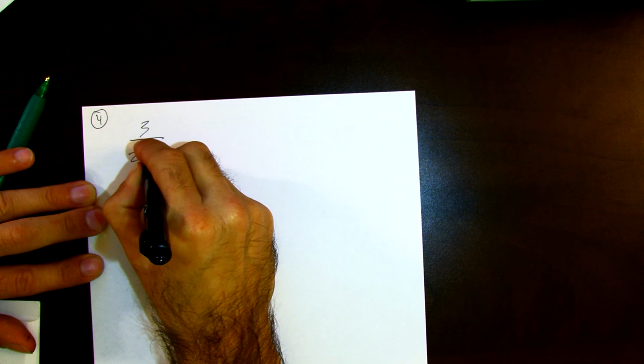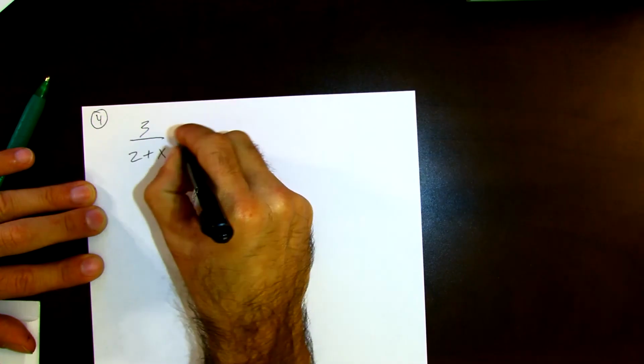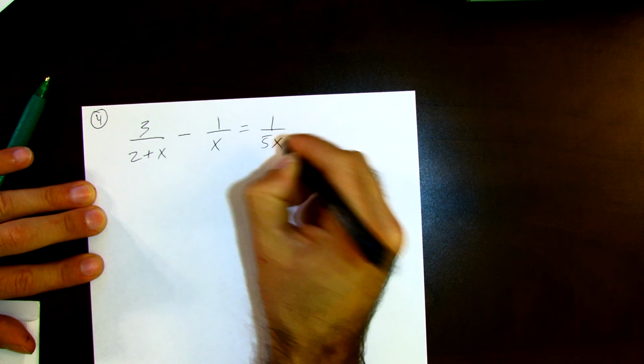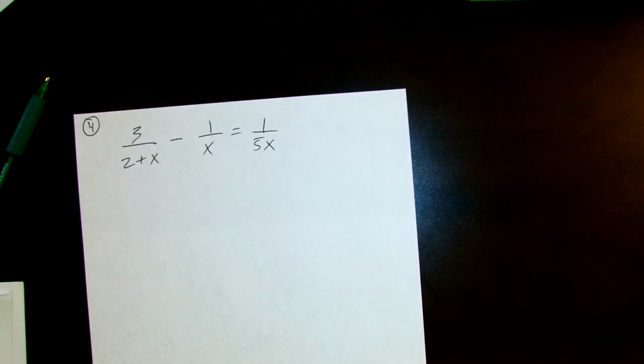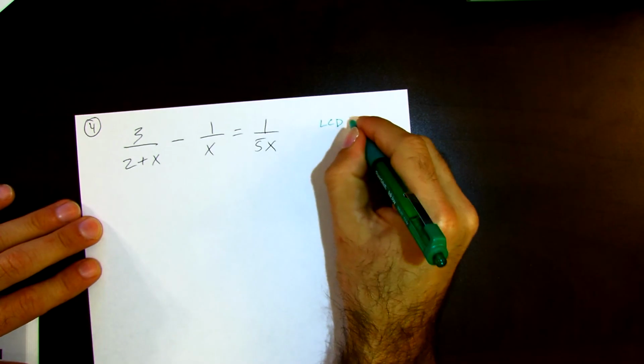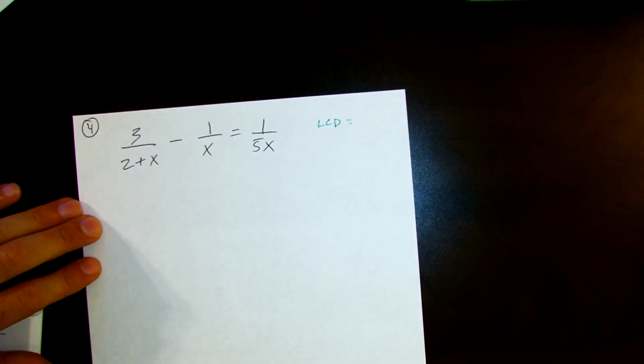Here's number 4. 3 over 2 plus x minus 1 over x is equal to 1 over 5x. Okay. This is the one where you got to find your LCD. And when I look at that, let's see.